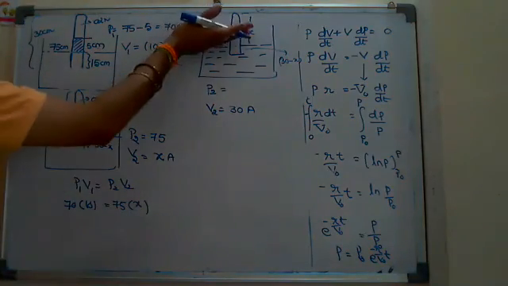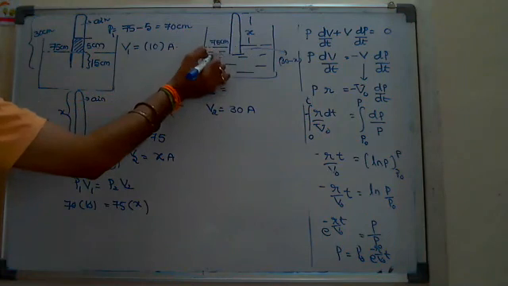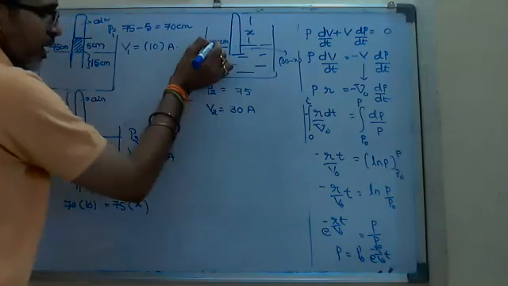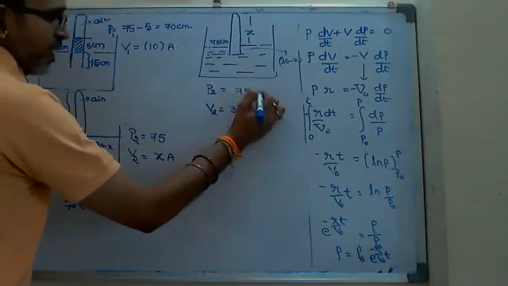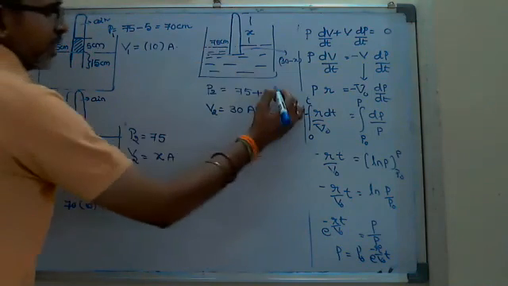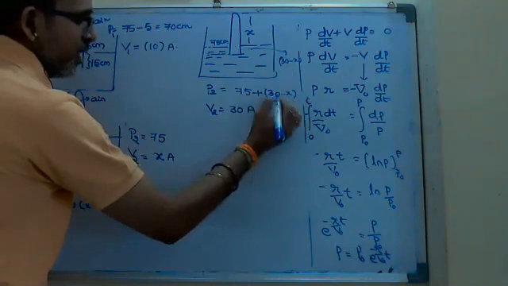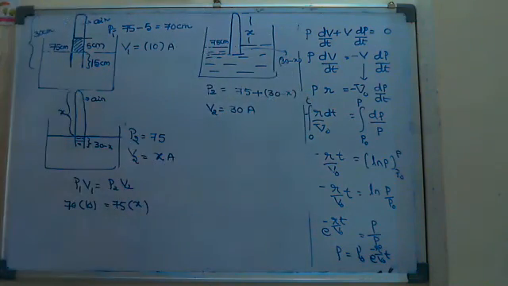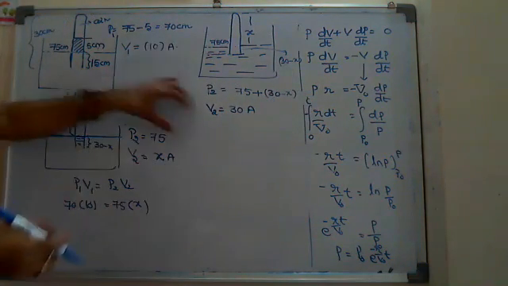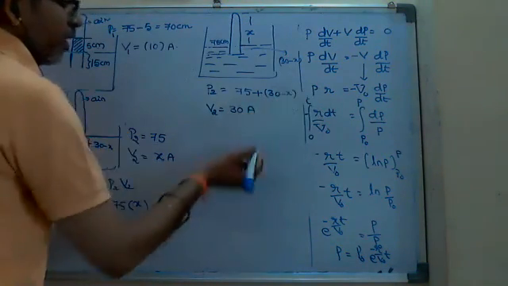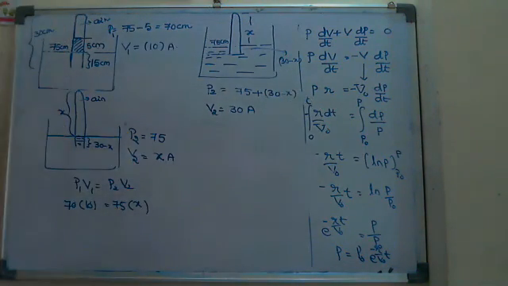It is coming down to this level, means at this level the pressure will be 75, and below this level you get extra, the height 30 minus x into rho g. Already we are writing all the pressures in terms of height only.